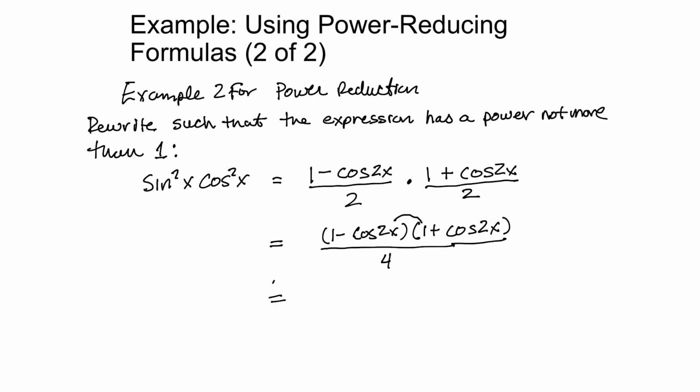You can see that right here. This will give me negative cosine 2x, and this will give me positive cosine 2x being added. They become 0. So we're just left with the 1 times 1, which is 1 squared, and cosine 2x times cosine 2x, which is cosine squared 2x, and this is all over 4.